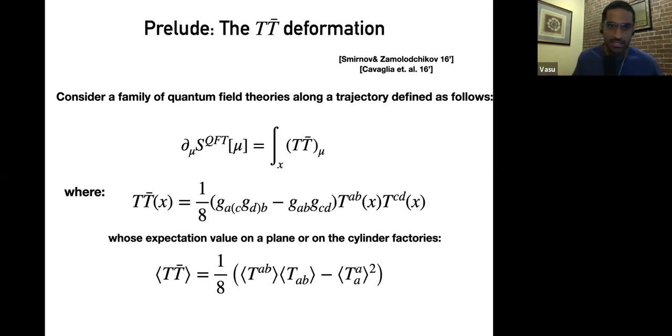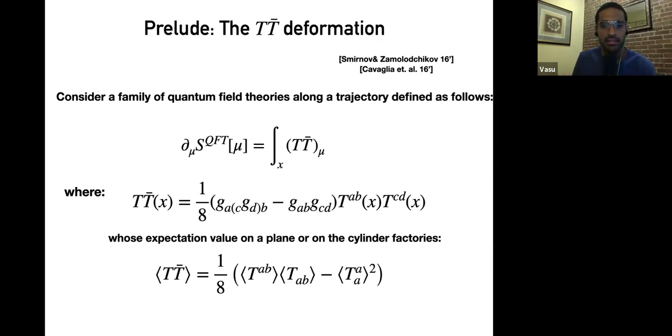What makes this deformation solvable, and by solvable, I mean certain observables in the undeformed theory can be followed along the trajectory that the deformation triggers, is the factorization property of the composite operator in question on spaces that have translation invariance, in particular the plane or the cylinder.